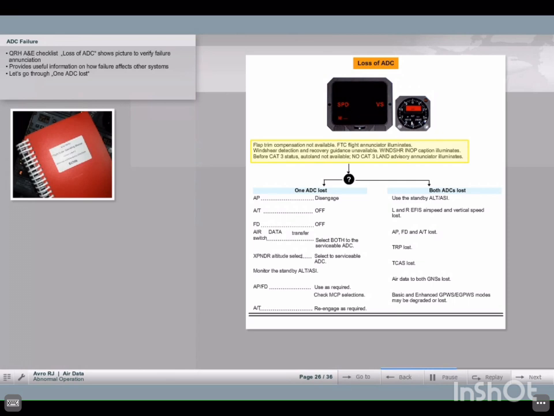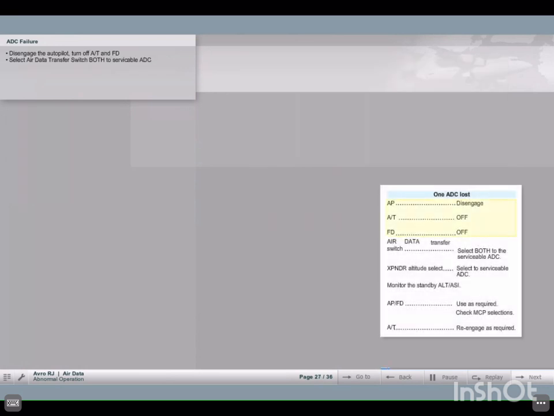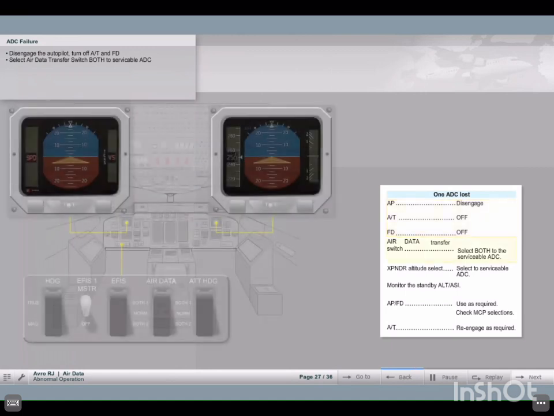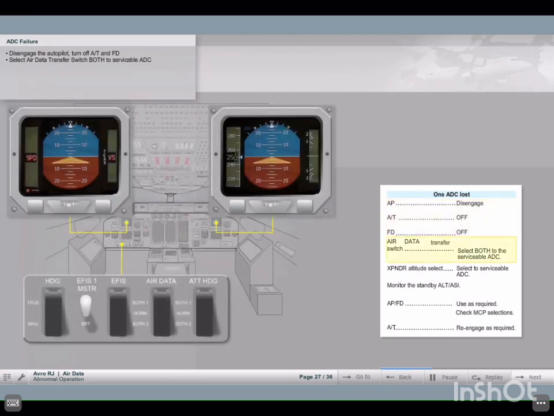Let's go through the procedure. 1 ADC lost. The procedure first tells us to disengage the autopilot and turn off the autothrottle and the flight director. Then select the air data transfer switches both to the serviceable ADC, in this case ADC 2.